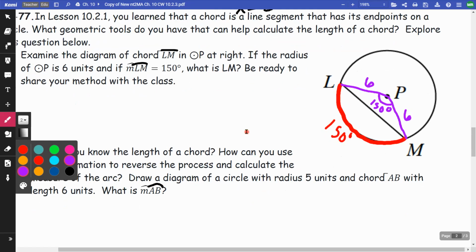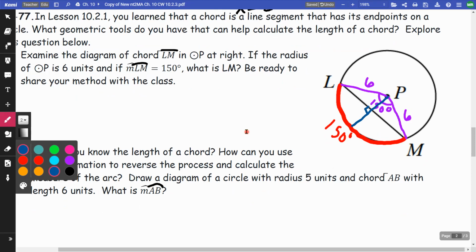Now, what's going to happen is we are going to take this and I'm going to draw a radius from here to here in a way that it intersects that chord at 90 degrees.